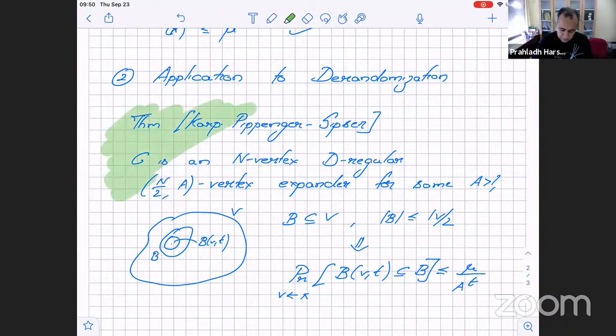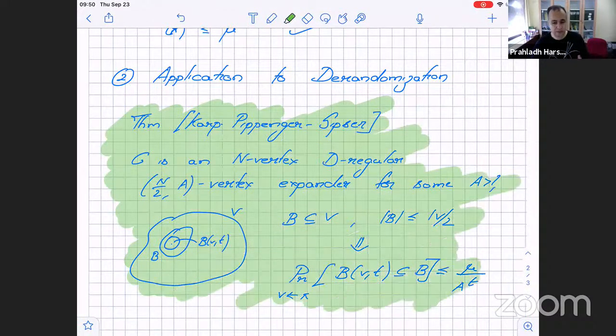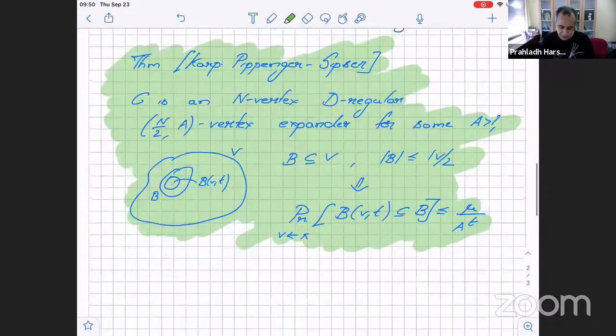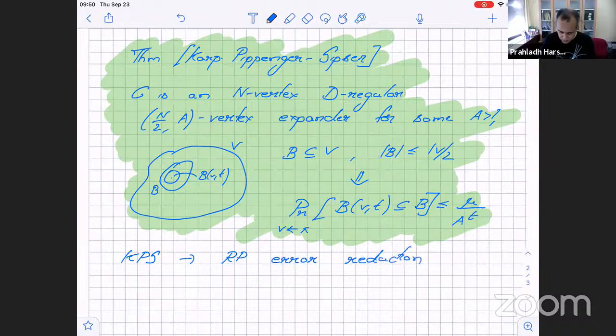This is what we have called Karp, Pippenger, Sipser, and it was useful for de-randomization. In what sense? Let's recall that application too, and then I'll show how the lemma which we proved today gives, in some sense, a slightly better result. What we had shown with KPS was RP error reduction. So you could reduce the error from half to delta.